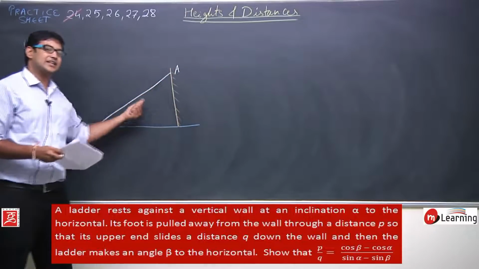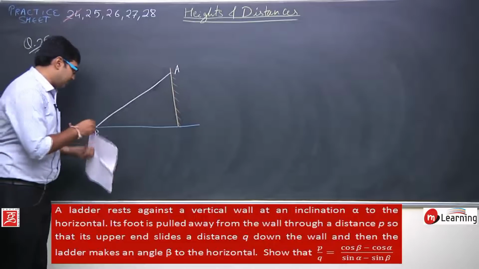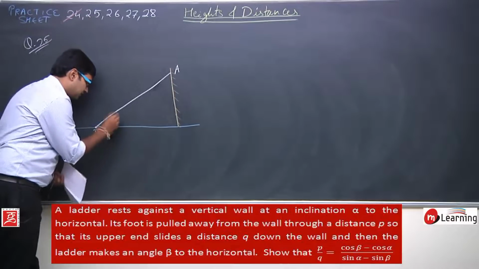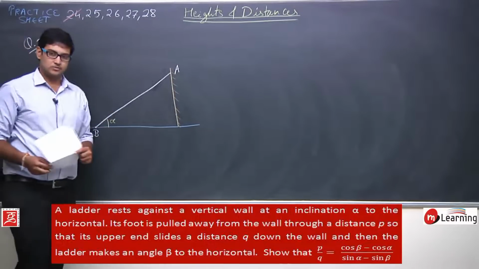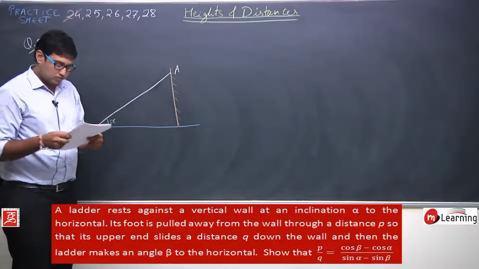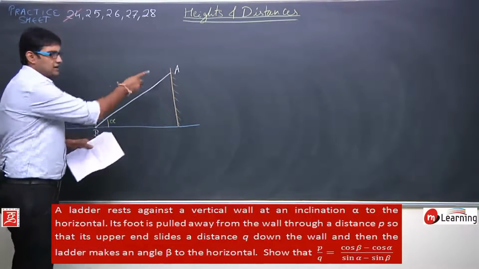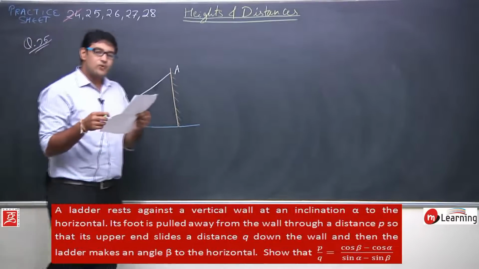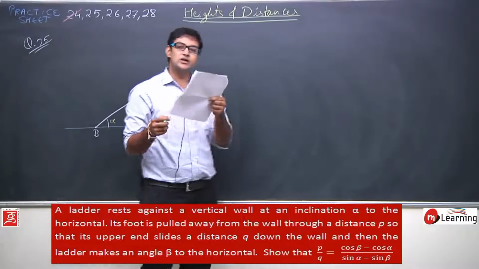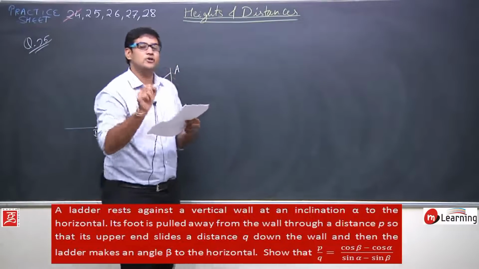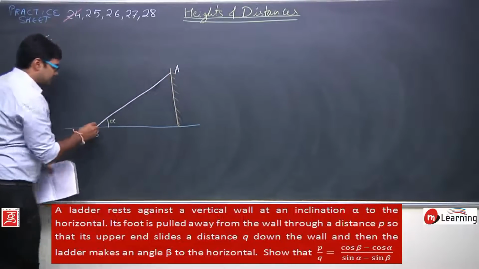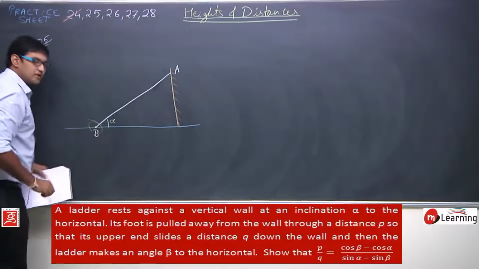This ladder is resting against this wall and it makes an angle alpha with this horizontal. Now, what further does it say? If this is the ladder, its foot is pulled away from the wall. What is the foot of the ladder? This B represents the foot of the ladder.